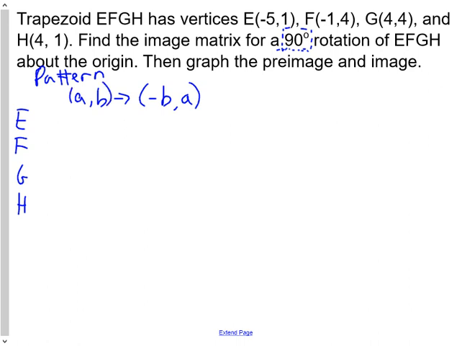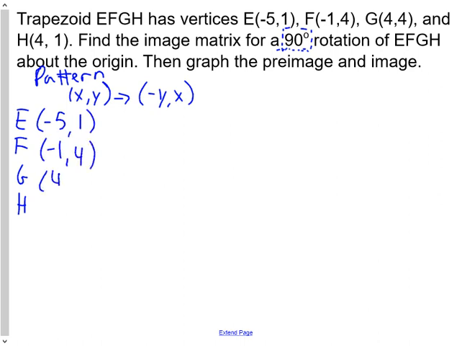We're going from (x, y) to (-y, x) is the other way to think about it. That actually might even be more understandable. All the points are going to be in (x, y) form. E is (-5, 1), F is (-1, 4), G is (4, 4), and H is (4, 1). And now we're just flipping, right? The 1 is going to come to the front and flip its sign. The -5 is going to fill into the back.